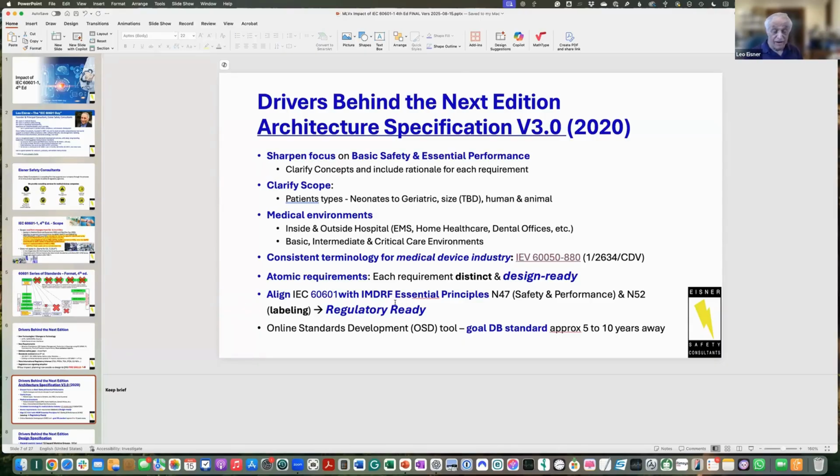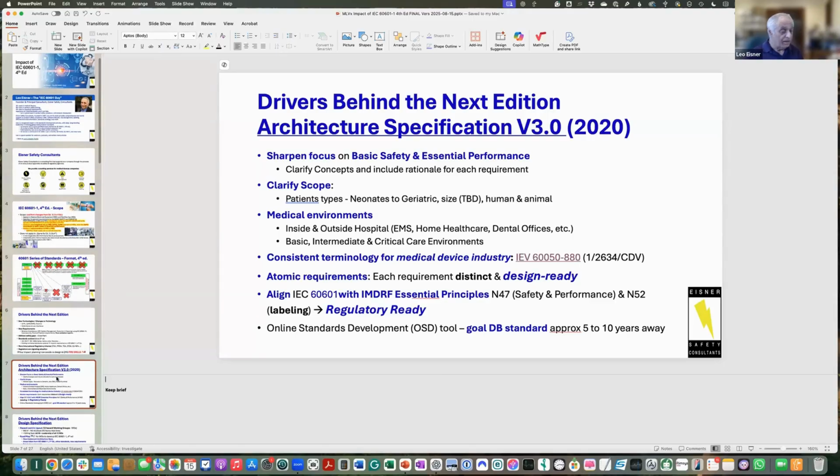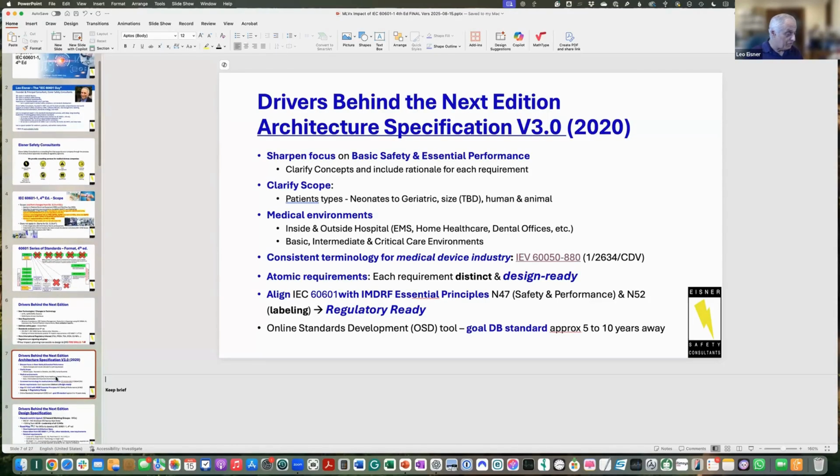Align with IMDRF so you have essential principles, so you can have a subclause that matches the essential principles so you can use it for regulatory requirements and be regulatory ready, and have a database that you can use to pop out and have a design requirement come right out of it. That's still 5 or 10 years out.